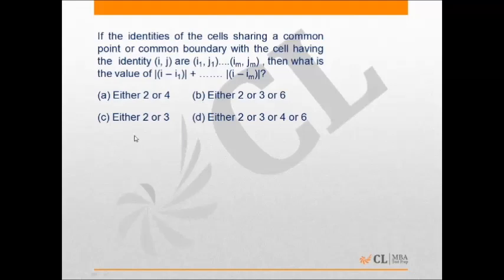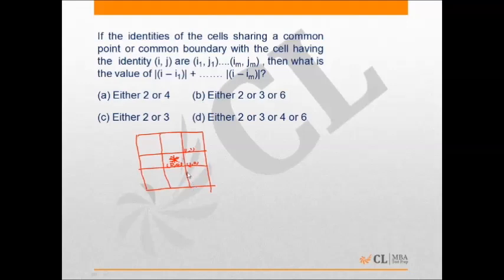Let us suppose we have a 3 cross 3 matrix. Now suppose this is my centermost cell, which is referred to as (0, 0). So this will be (1, 0), this will be (1, 1), and so on and so forth, right?